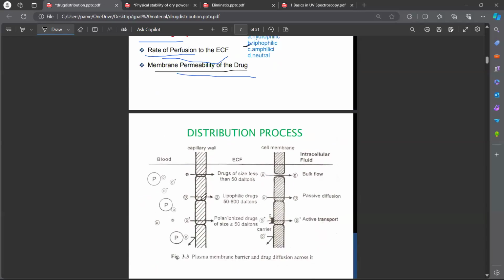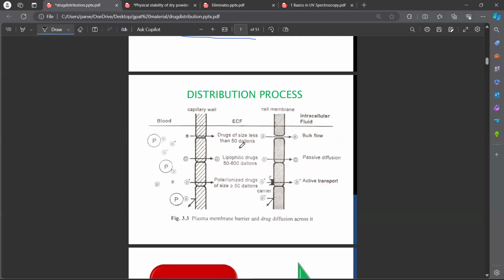So this is the whole distribution process. This is the blood, and the first barrier is the capillary endothelial barrier. Most drugs can permeate this barrier and enter the extracellular fluid, which is the fluid present outside the cells or tissues. Then the drug moves from the extracellular fluid into the intracellular fluid, which is the cytoplasm or cytosol.